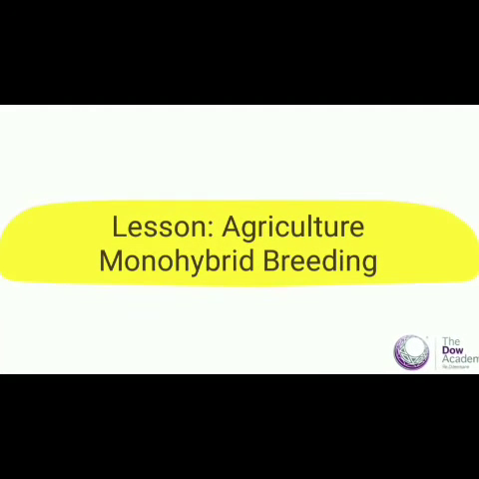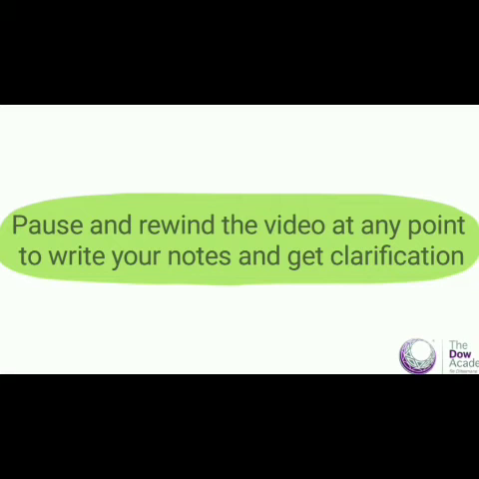Hello, dear learners from 5 Agro students. I want to make a follow-up on the video or the slide that I sent you concerning monohybrid inheritance. This is the first part of the topic called livestock and crop breeding.